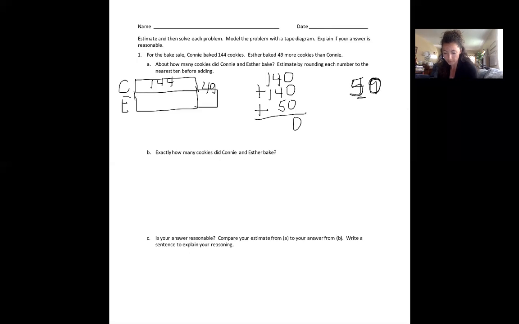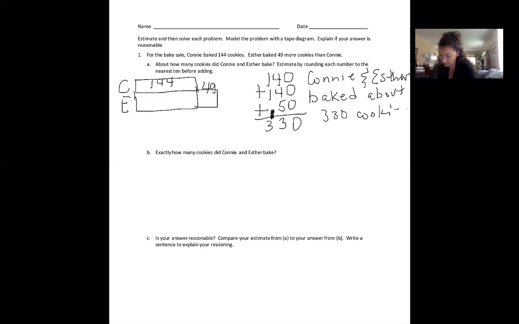I have 4 plus 4, which is 8 plus 5 is going to be 13. I'm going to carry that 100 that I just created over there. That's 100. 1, 2, 3. I have 3 hundreds.